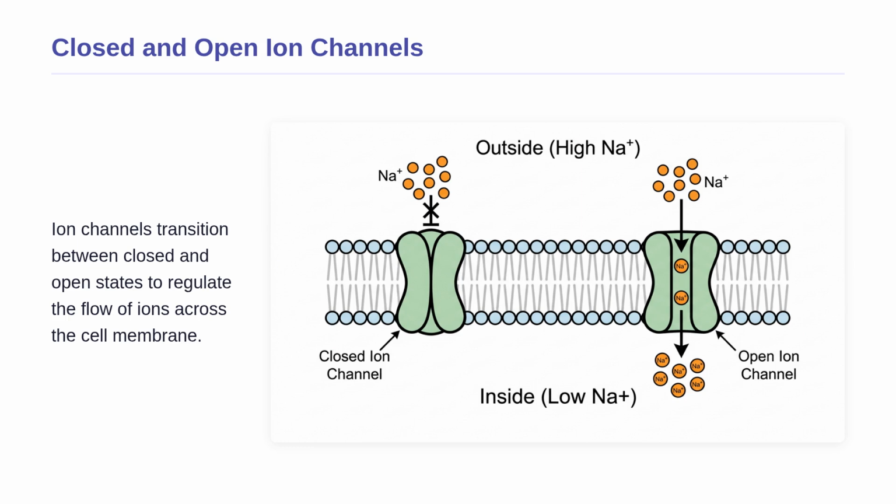On the right, the channel has received a trigger and transitioned to its open state. The pore is now clear, and you can see the orange ions flowing down their gradient into the cell. This simple mechanical change is the physical basis of all neural signaling.